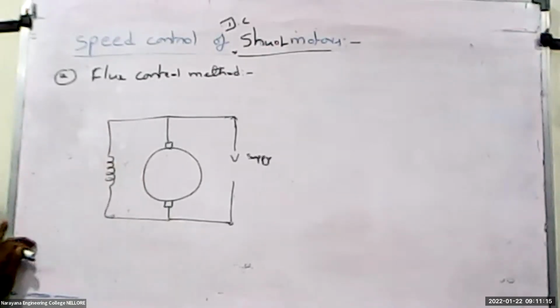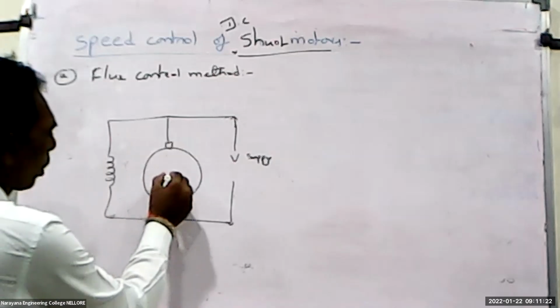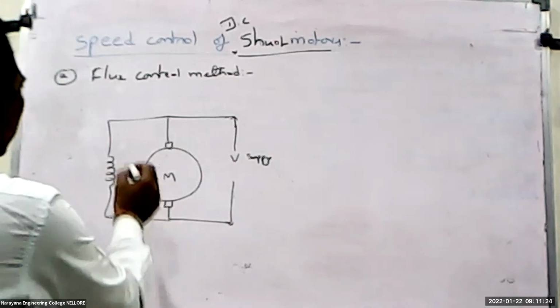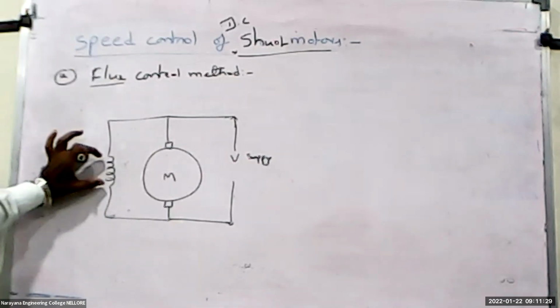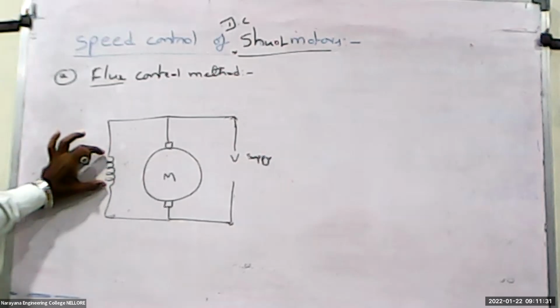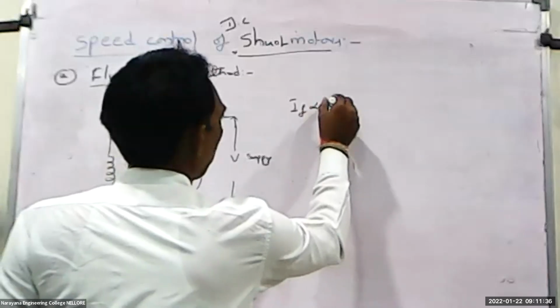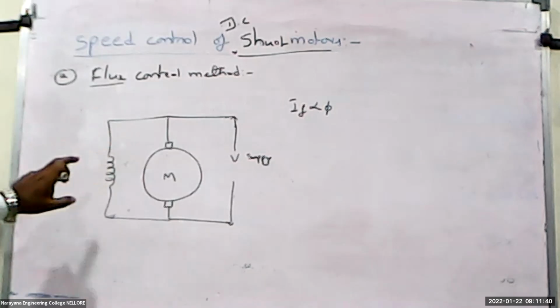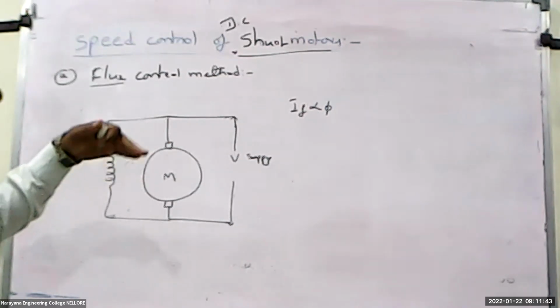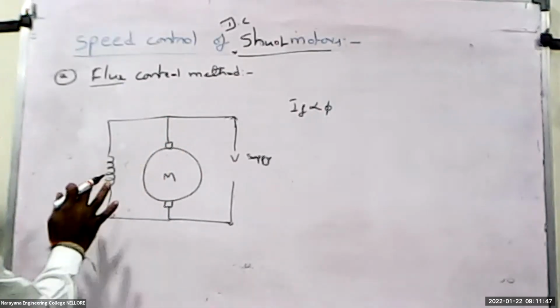We know that this is the general case of a shunt motor, because the field winding is connected in parallel with the motor. In the flux control method, flux is directly proportional to the current passing through the field winding. So If is directly proportional to phi. The current passing through the field winding is changed in a regular manner, and only then do we control the speed of the DC motor. We will observe here.